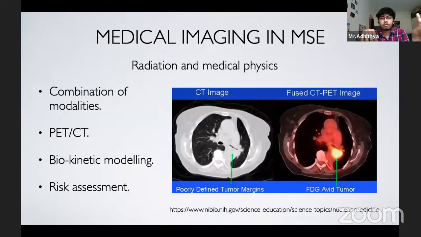For example, if we take a CT scan of the patient before monitoring the activity, and then use a PET scan to monitor the activity and collect the data, you can fuse these two data into a single image in order to better localize or visualize in which anatomical region this activity is higher, and whether it is affecting certain organs or not.